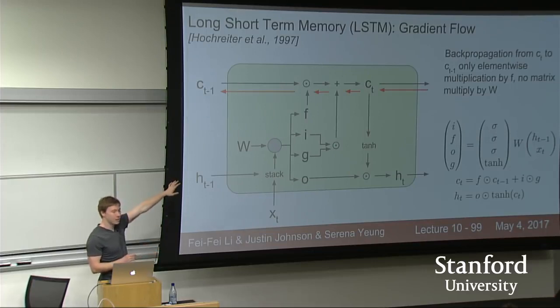Finally, because this forget gate is coming out from a sigmoid, this element-wise multiply is guaranteed to be between 0 and 1, which again leads to nicer numerical properties if you imagine multiplying by these things over and over again. Another thing to notice is that in the context of the vanilla recurrent neural network, we saw that during the backward pass, our gradients were flowing through also a tanh at every time step.